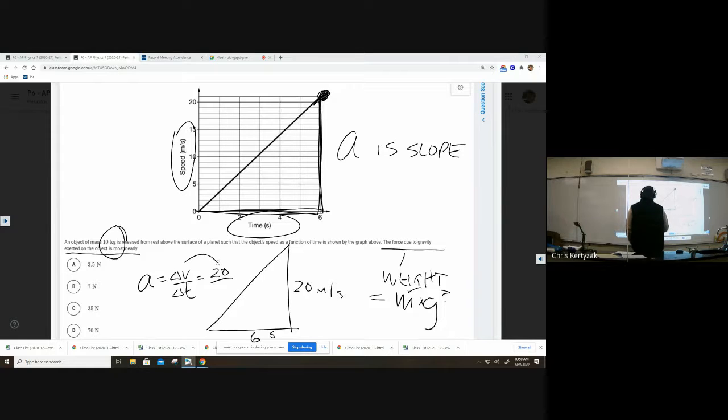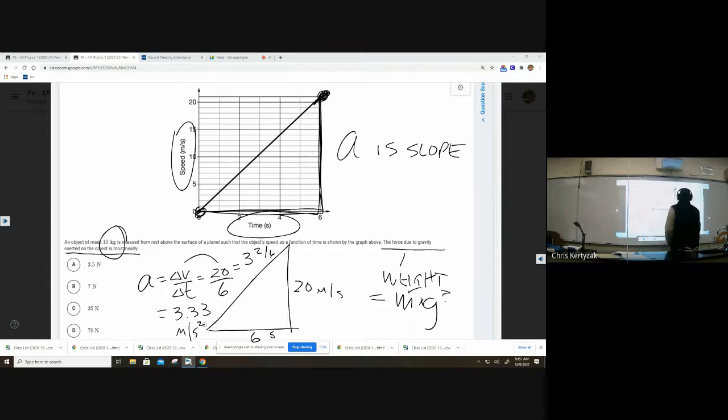Change in velocity would be 20, because it started off with no speed, and delta t would be 6. 6, 12, 18, it's 3, with 2 remaining out of 6. That's 3 1/3, which would be 3.33 meters per second squared.